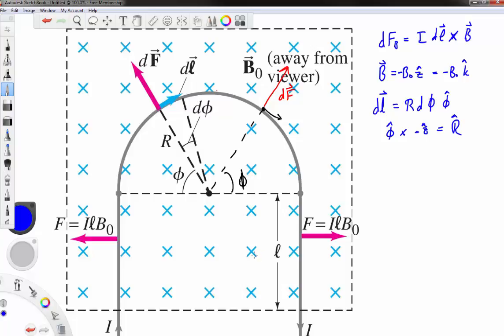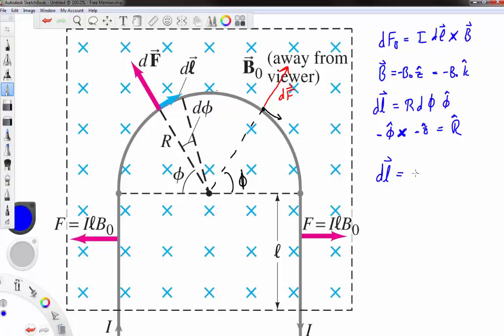Okay, well, actually, I've kind of got this backwards. This is negative phi hat crossed with z hat, because usually phi hat is in this direction, not in this direction. In any case, what is this in terms of Cartesian coordinates?